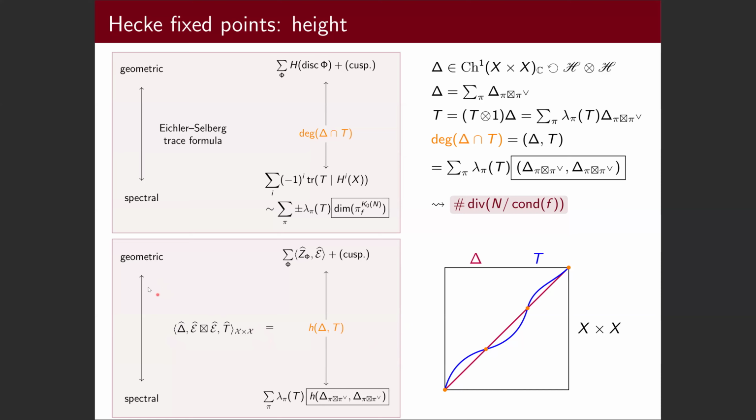So just like before, we think of this as a geometric and spectral decomposition of a single quantity, this intersection number. And so the point of this talk, or the title of this talk, is that these quantities now should be related with adjoint L-functions. That these self-intersection numbers should be related with adjoint L-functions, at least in the case of unitary Shimura varieties.